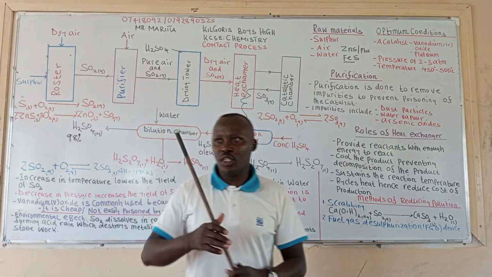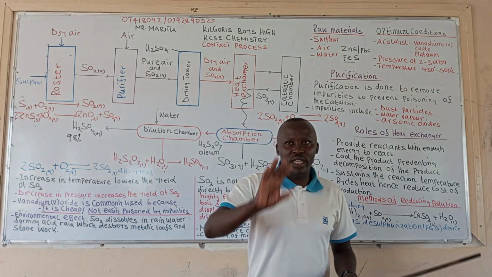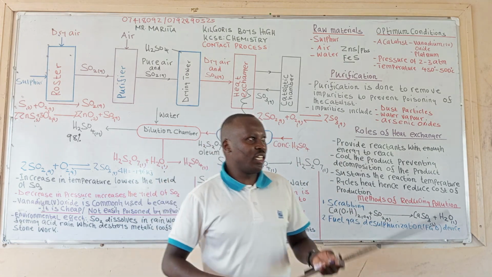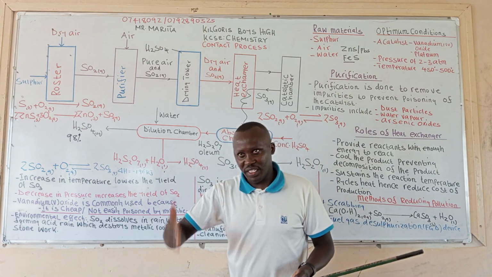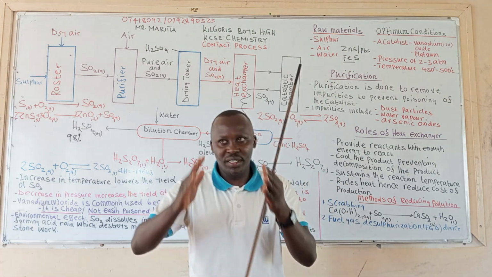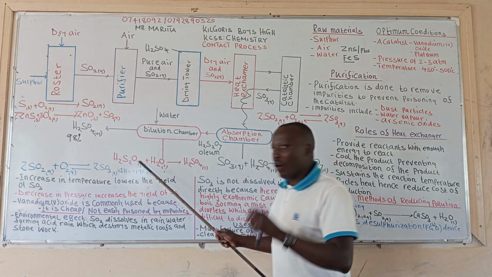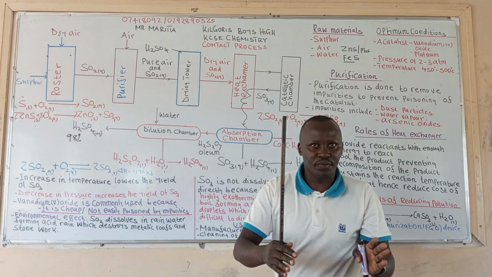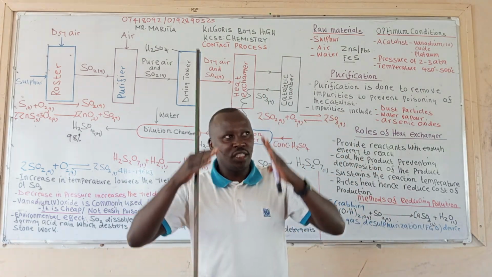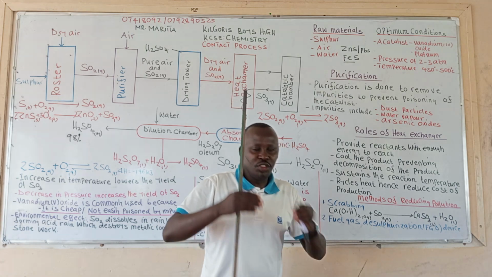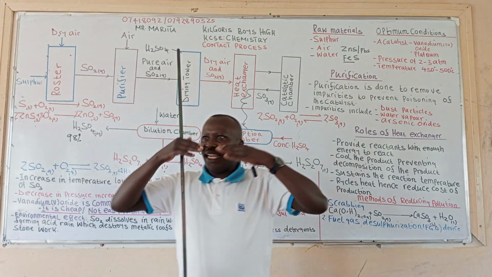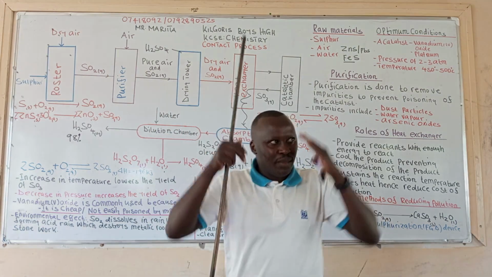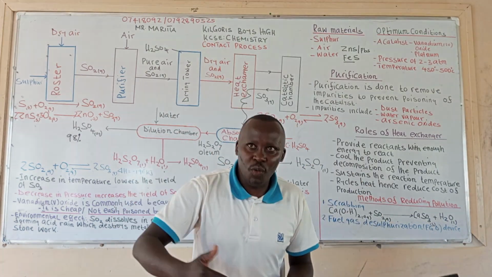There is one thing you need to understand. You need to identify the forward reaction and the backward reaction. In form 4, we have two types of reaction: exothermic and endothermic. In this case, the forward reaction is exothermic. Always understand that an increase in temperature favors the backward reaction.